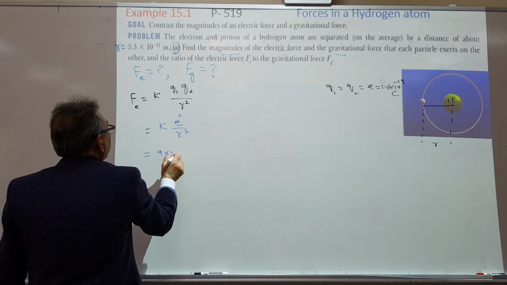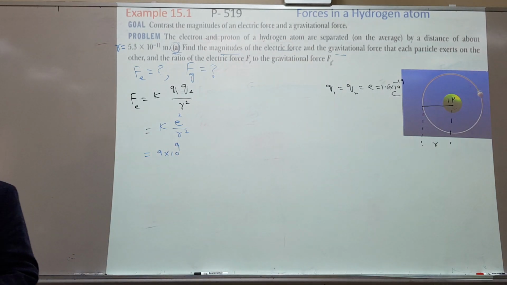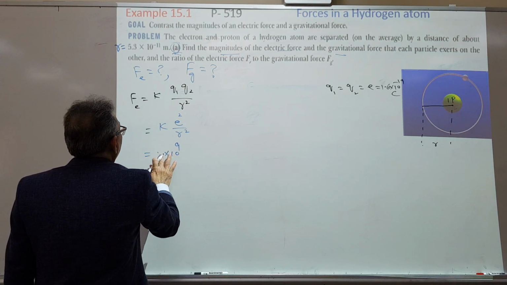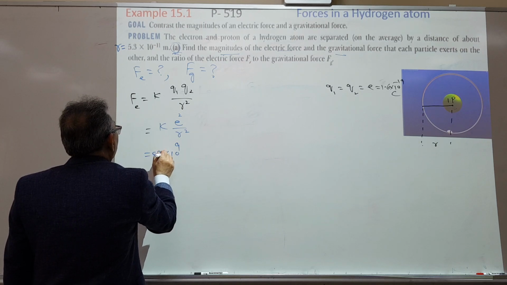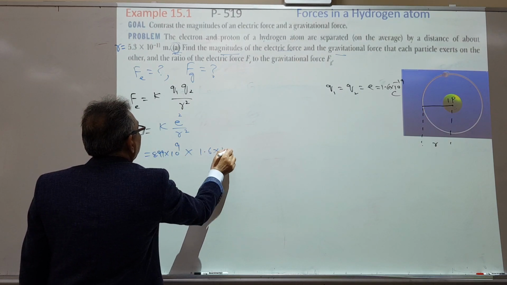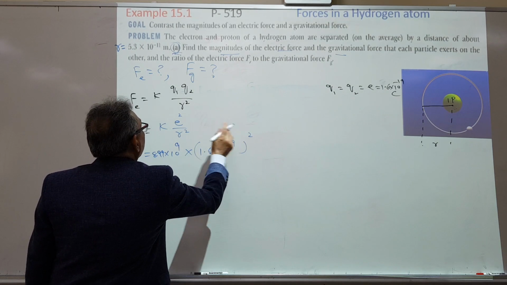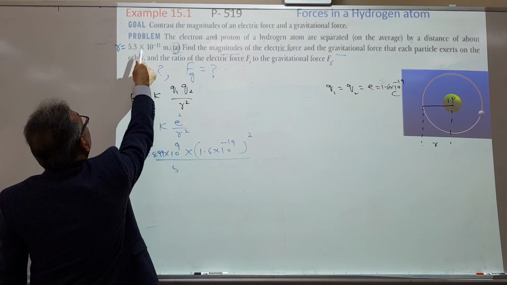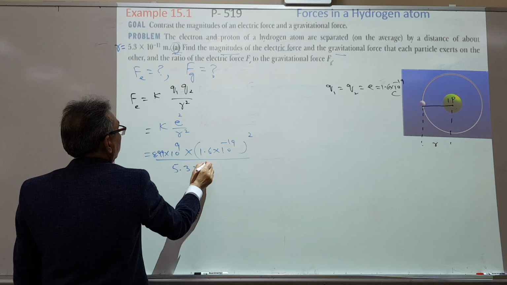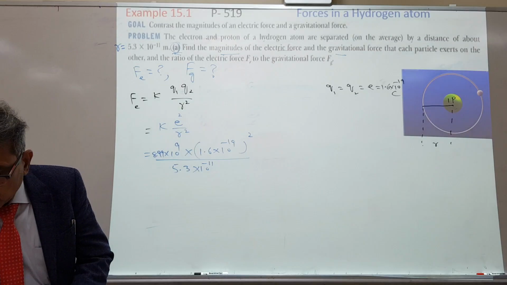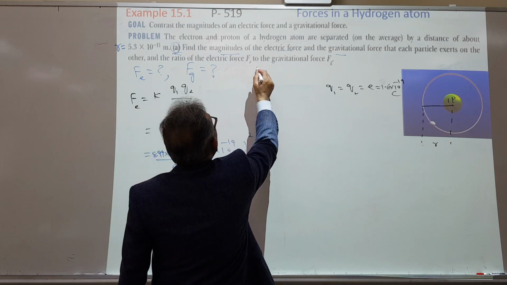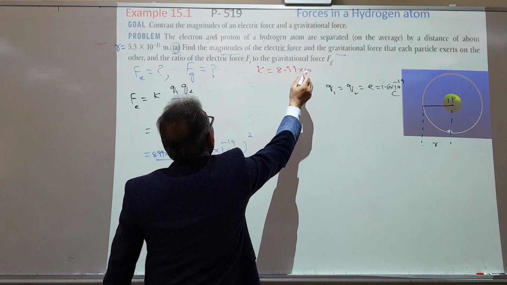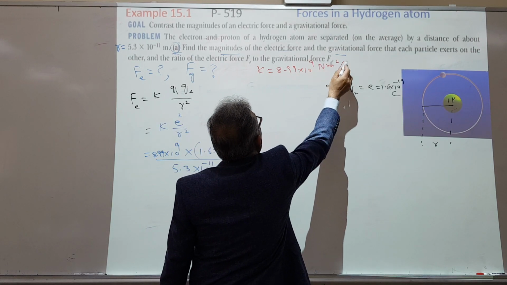Now, 9 times 10 raised to power 9, which is the constant, or since it is given here, 8.99, no problem. Multiply by 1.6 times 10 to the minus 19, which is squared because Q1, Q2 is E square, same charge. R is given to you, 5.3 times 10 to the minus 11. So it will be given to you that K is equal to 8.99 times 10 raised to power 9 Newton meter square per Coulomb square.